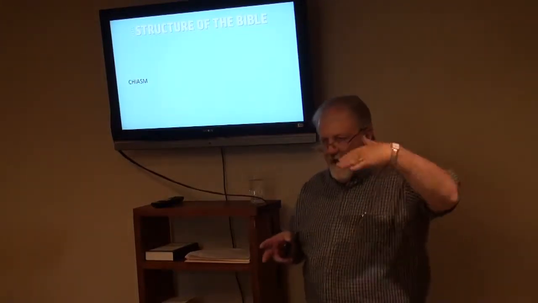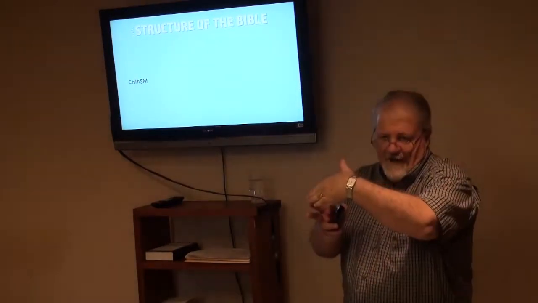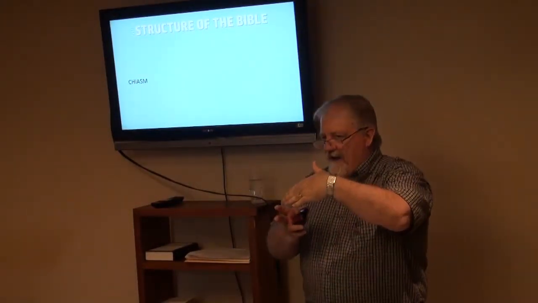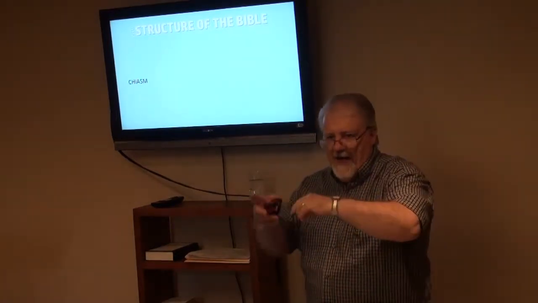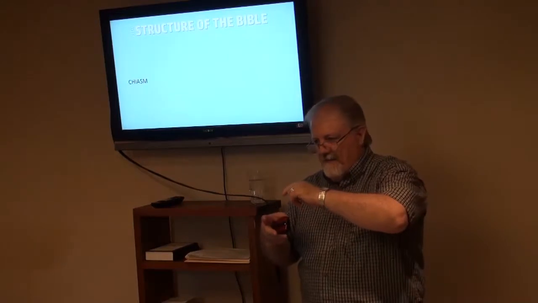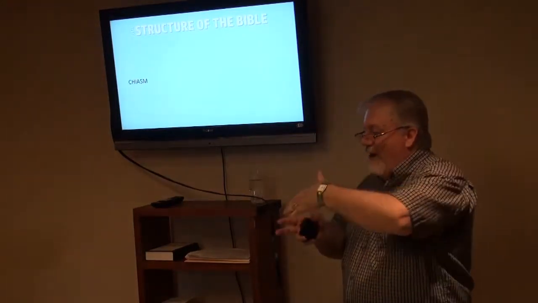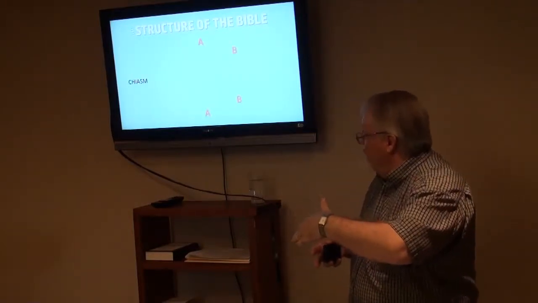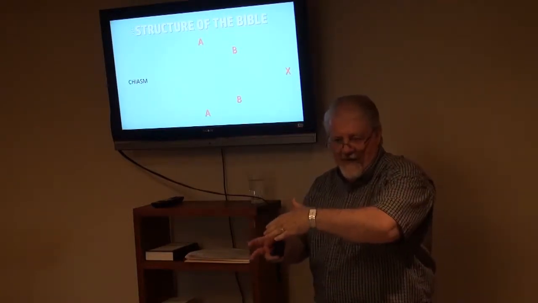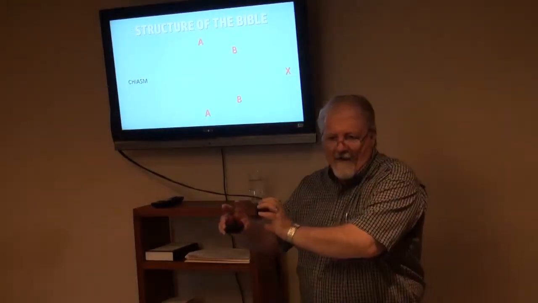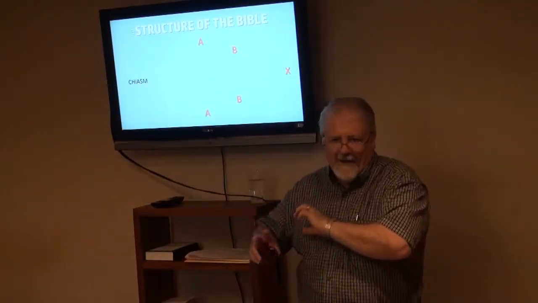Now, because they go this way and then this way, the first part of the X forms an arrowhead. So oftentimes, the chiasm will actually have an X in between them. So you might go A, B, C, X, and then C, B, A, so that it's reflecting it back. But because it's like an arrowhead, it's pointing down. Let me show it to you like this. See, there's the X. It's like an arrowhead that's pointing and focusing on the X, so that the X becomes the focal point of what the A and B are talking about.